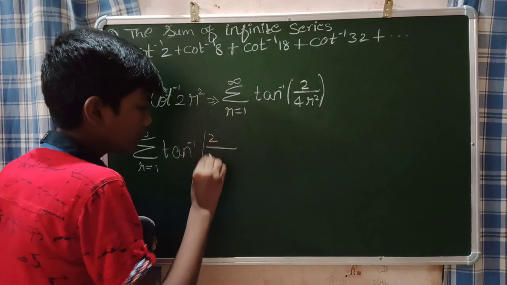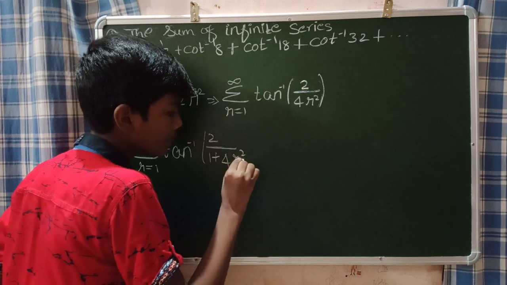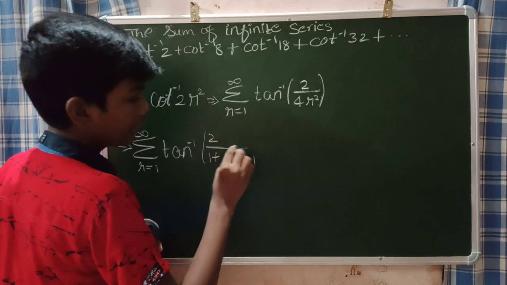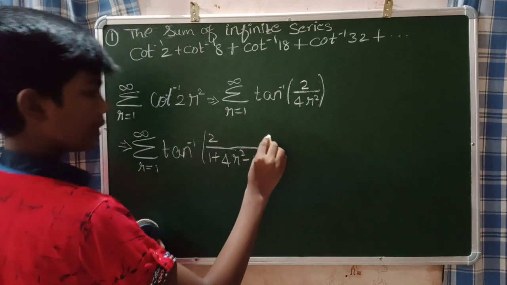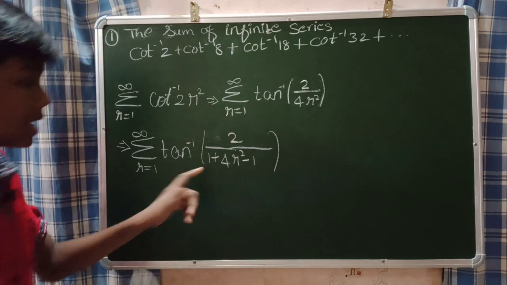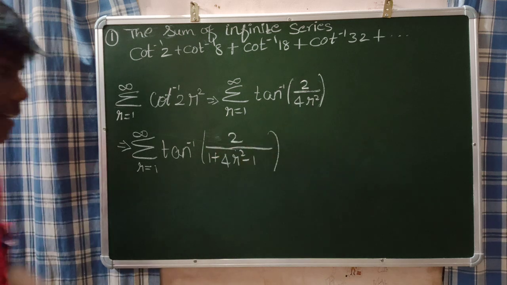That's what I'm doing. I added 1 and I subtracted 1. So 2 divided by 4r square plus 1 minus 1. I'm just adding 1 and subtracting 1 in the denominator.